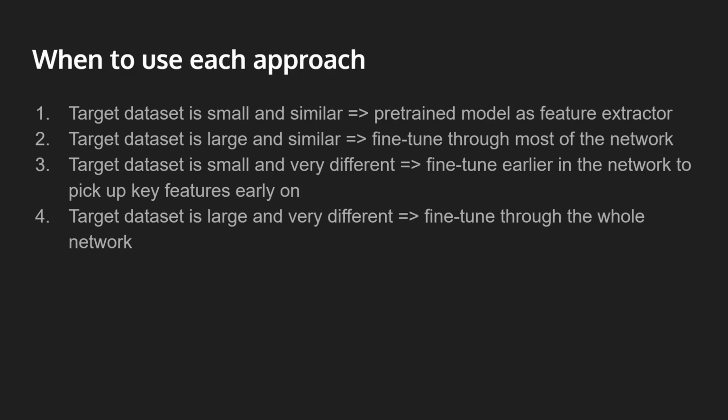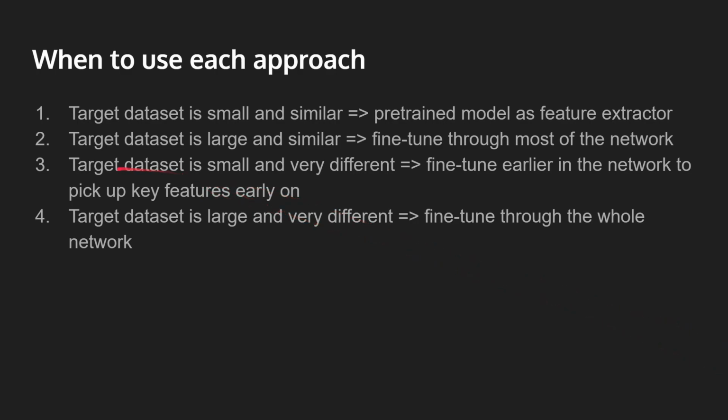Fine-tuning through the entire network is not needed since the higher level features are related as the data sets are similar, right? So a good start is to freeze approximately 60 to 80% of the pre-trained network and then retrain the rest on the new data, right?